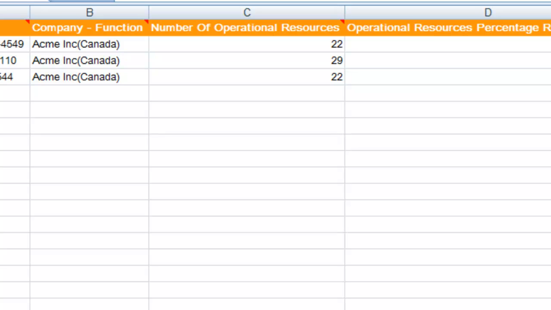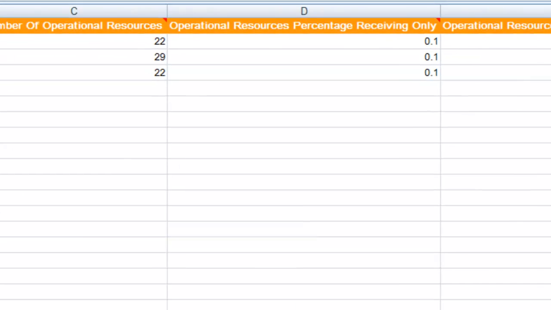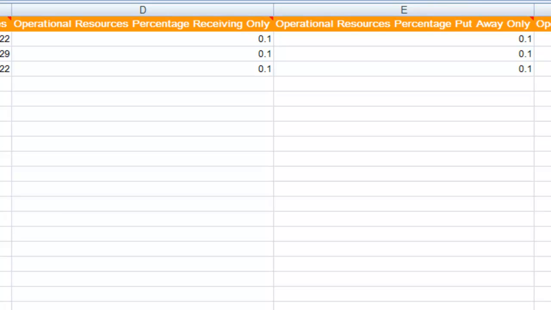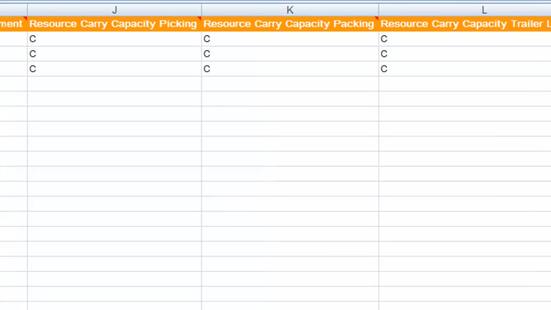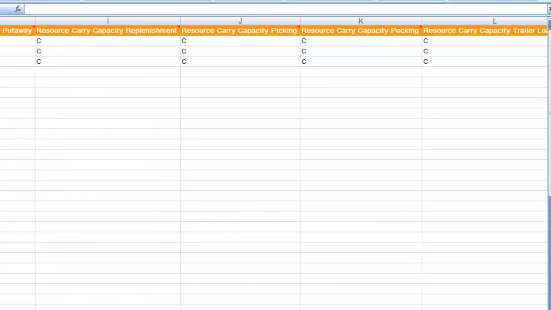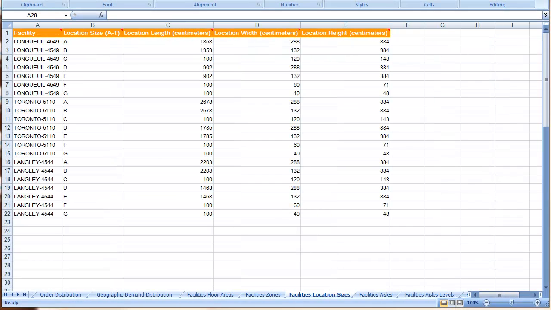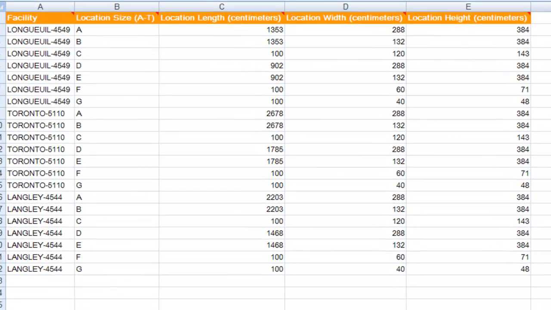The number of operational resources dedicated to a particular process in the facility is spread as a percentage of the total available. Resource carry capacity represents the carry capacity of the material handling equipment used in the facility for the active processes. Capacity dimensions are defined in the facility's location sizes gene.